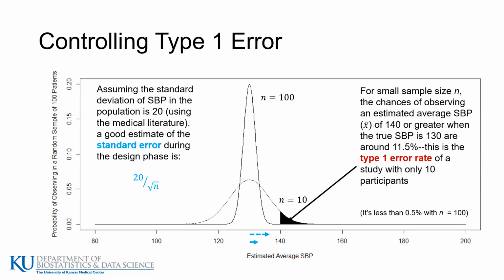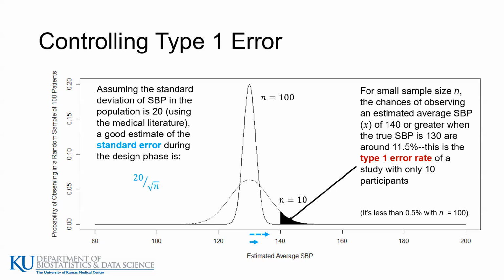If we conducted a similar study, but in a population of 10, we would observe a type 1 error rate of around 11.5%.